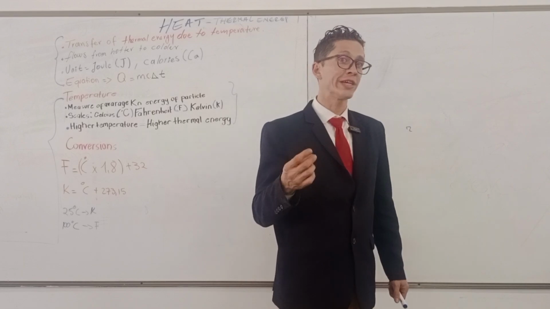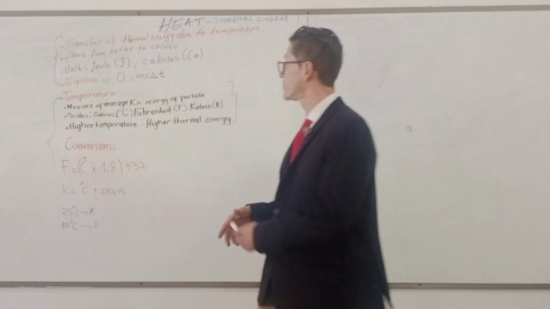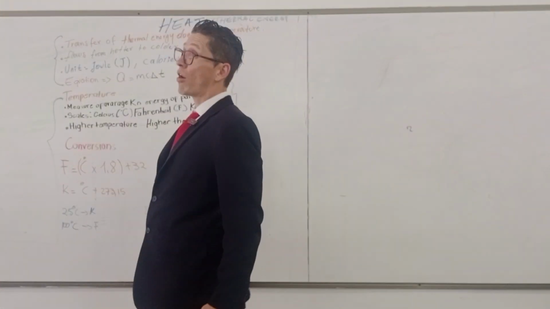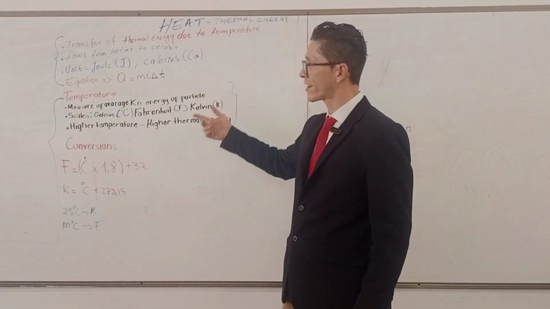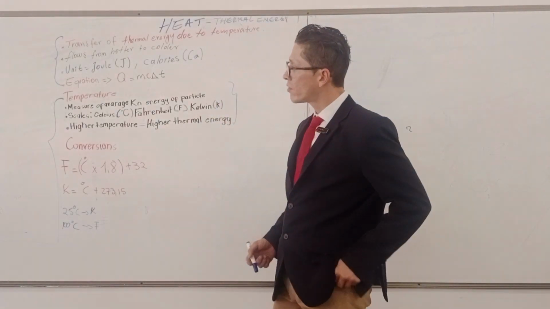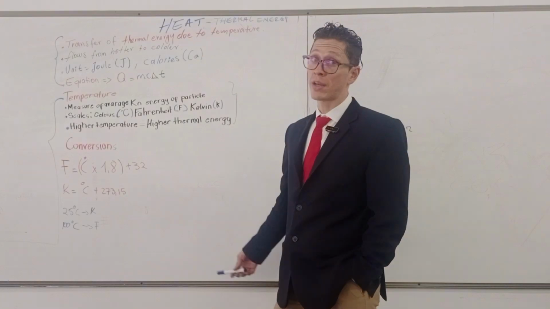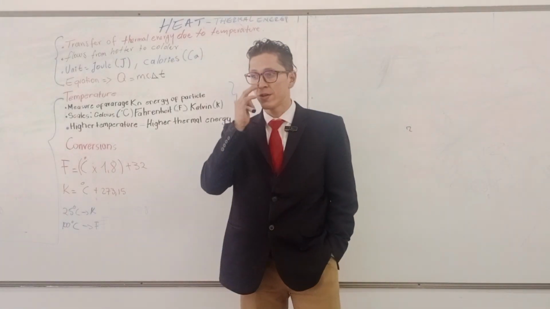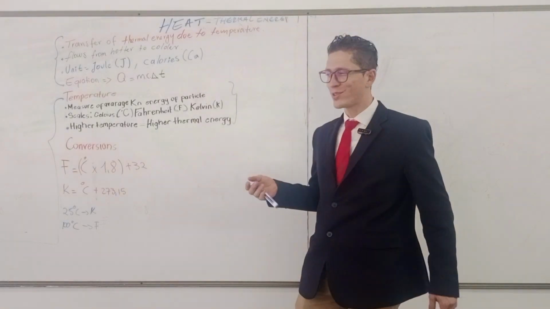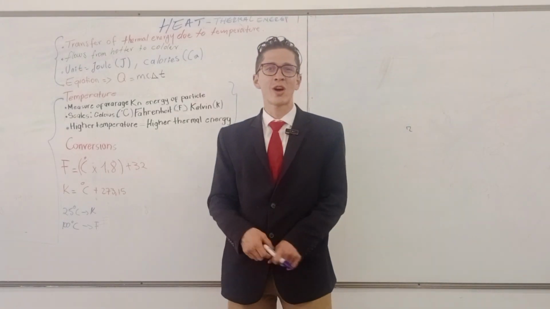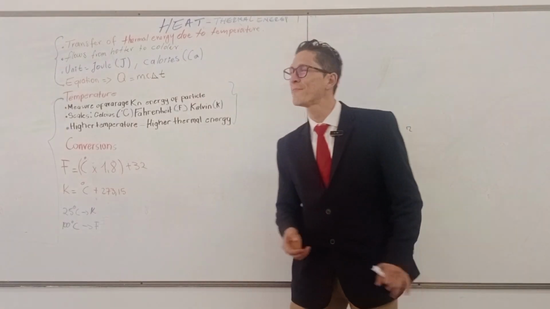It will always be related to kinetic energy, nothing else. What are the scales? Celsius, Fahrenheit, and Kelvin. Now, those are the main conversion equations, and they're a piece of cake to use.